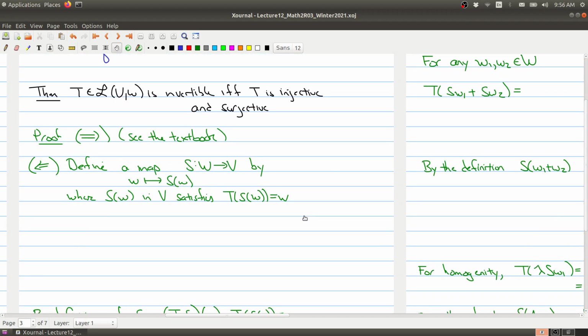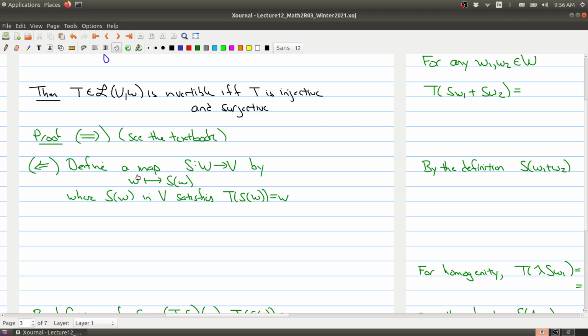Remember, we're given a linear map T from V to W. We're given that it's injective and surjective. To show that it's invertible, we need to find another linear map S such that when S and T are composed with each other, we get identities. This is how the map is defined.